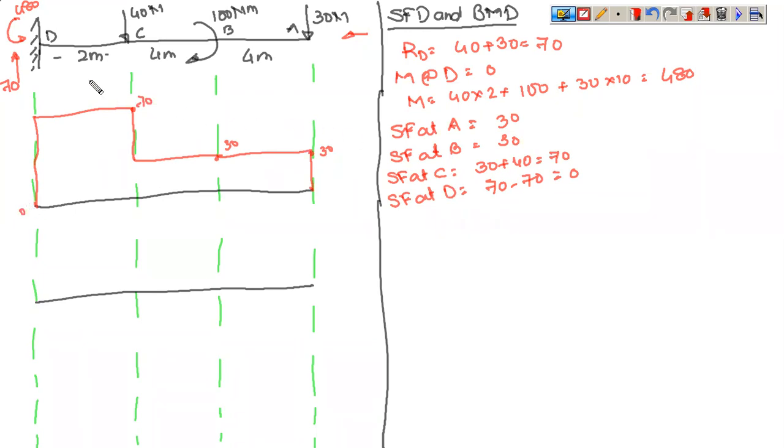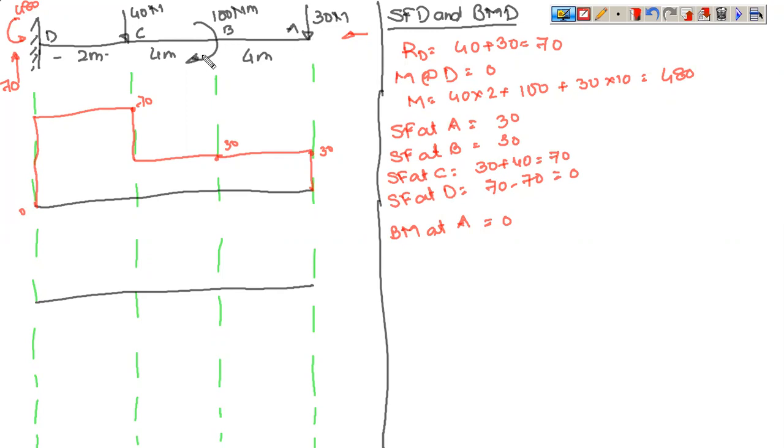Now coming to the bending moment diagram. So BM, first point is BM at A. You have to move from the free end. This is 0. Now the next one will be BM just before B, because at B you have moments of two different types. One is due to increase in distance, because while coming from right to left, you have already covered a distance of 4 meters.